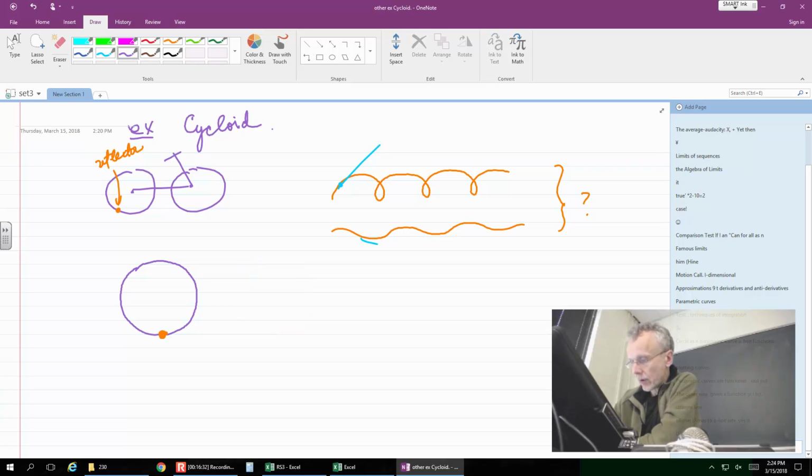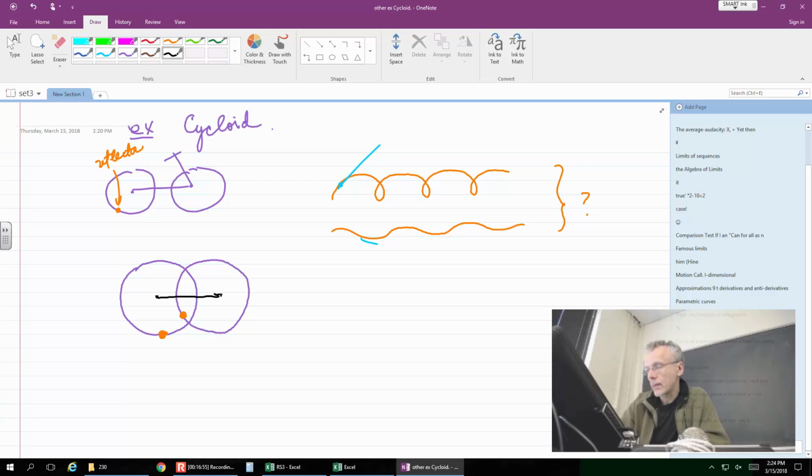Let me roll a little, like this. Okay, yeah, like this. So that's the new location of my reflector. So the wheel has progressed forward like this.